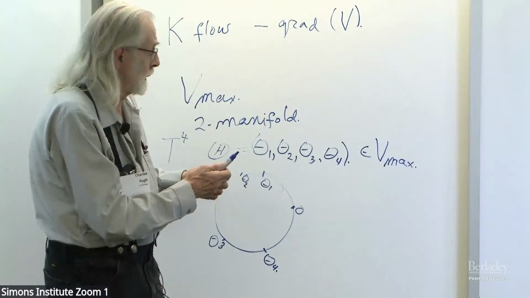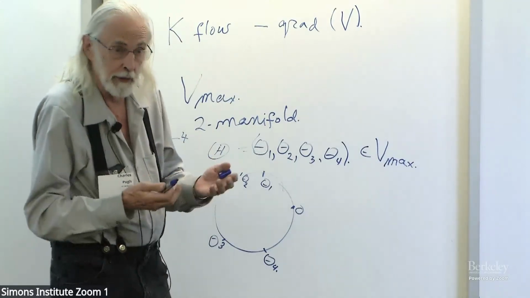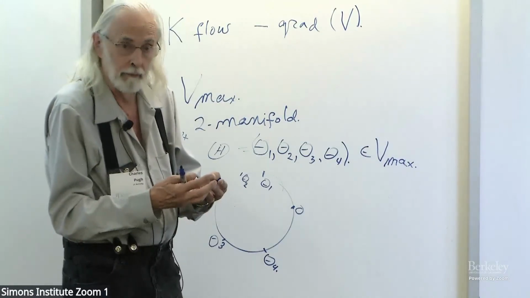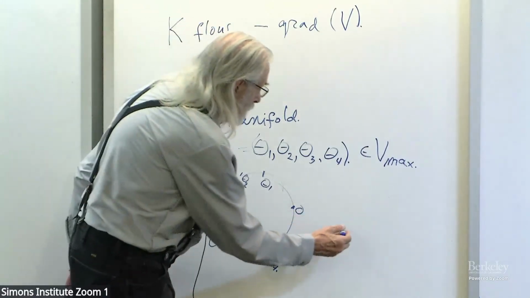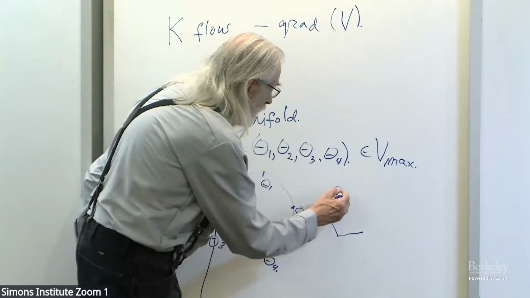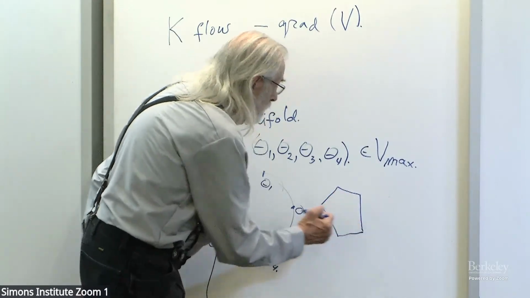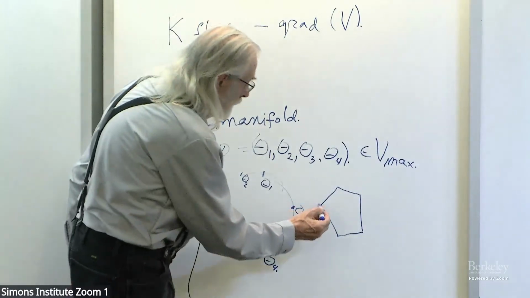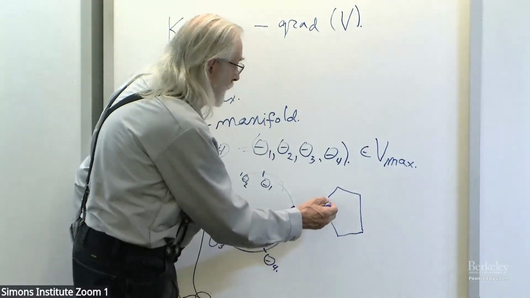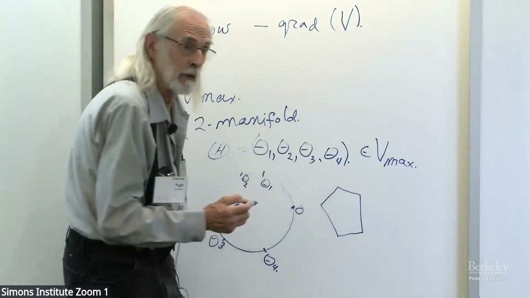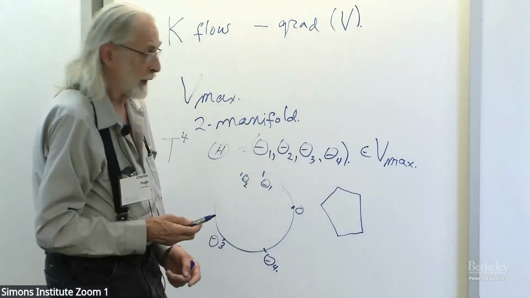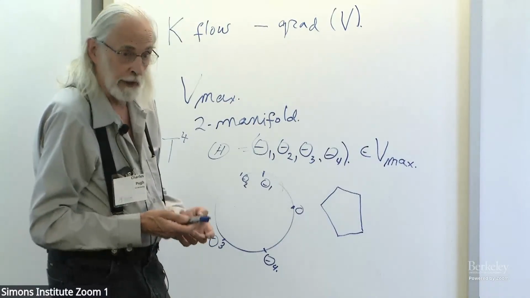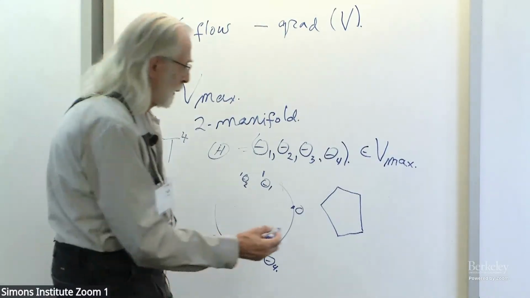And you can prove, again by the implicit function theorem, that it's actually a pentagon, where the sides of the pentagon are where you have some equality between the various angles. So this might be theta 1 equals theta 2, but otherwise different. How many regions like this are there? The same as the number of permutations, 24.